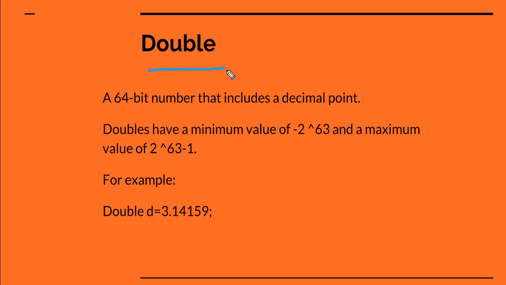A double has a minimum value of -2 to the power of 63 and a maximum value of 2 to the power of 63 minus 1. This is the range of values that you can store in a double.